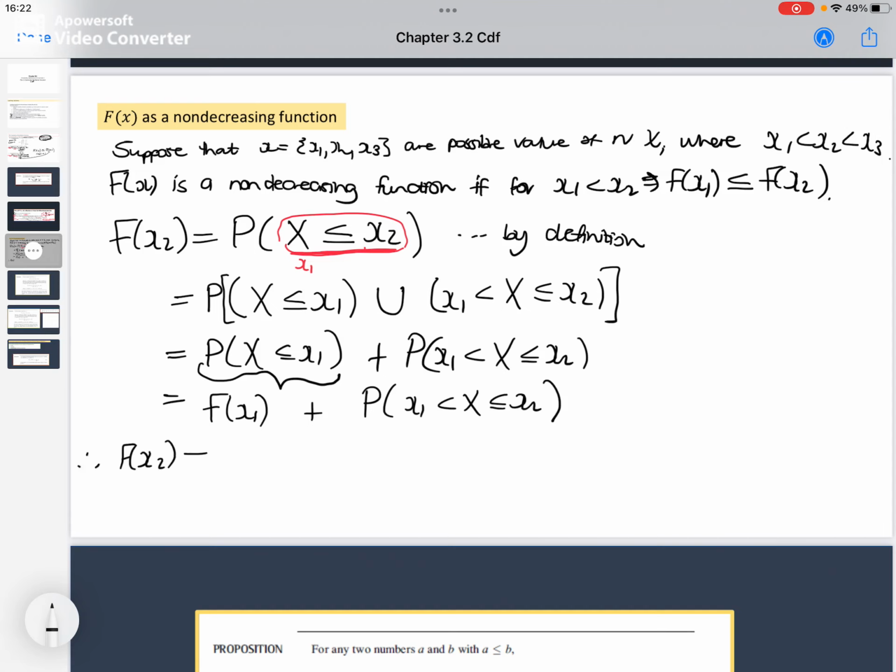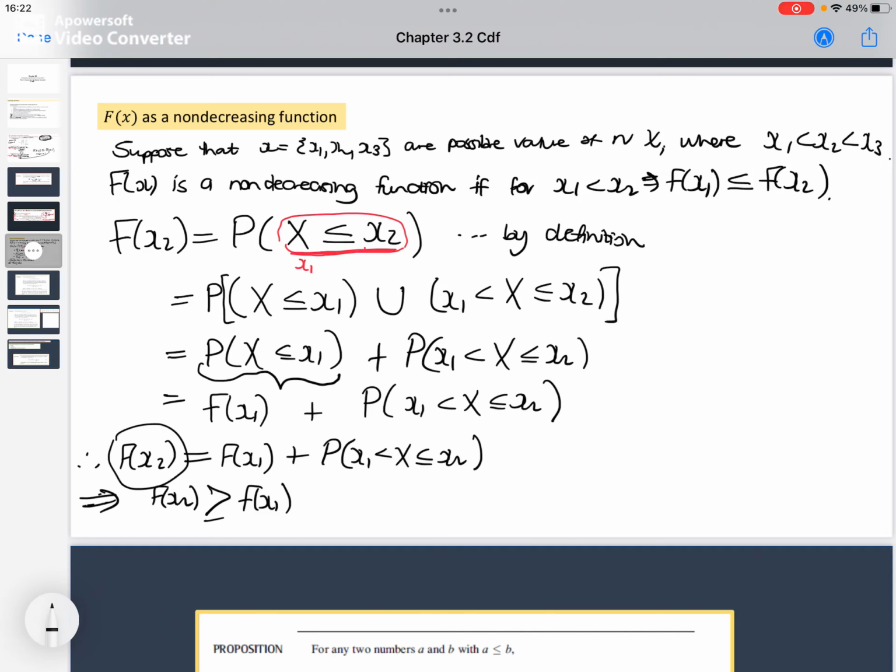So at the end, we know that F(x2) is equal to F(x1) plus a little bit of probability, which is a positive value. This implies that F(x2) is greater than or equal to F(x1). Does it make sense? F(x2) is made up of two components: F(x1) itself and some other probability.